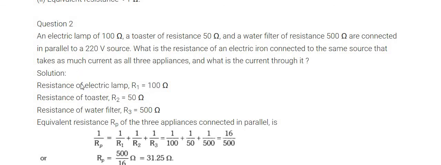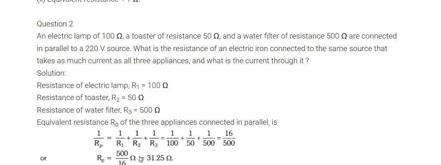First of all, we write down the given things. R1 is 100 ohm, R2 is 50 ohm, and R3 is 500 ohm. The connection is in parallel, so we have the formula of parallel resistance: 1 by Rp equals 1 by R1 plus 1 by R2 plus 1 by R3.